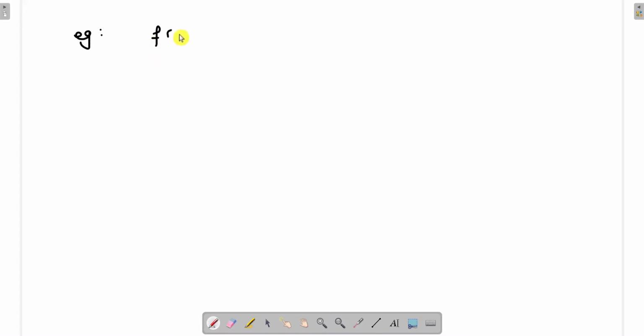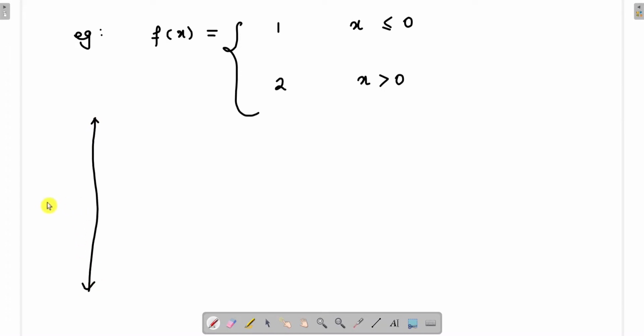Suppose we have a function f(x) equal to 1 when x is less than or equal to 0, and 2 when x is greater than 0. Here we have to calculate the left hand limit and right hand limit. Now we will look at the graph of this function. Here it is (0, 1) and here it is (0, 2).